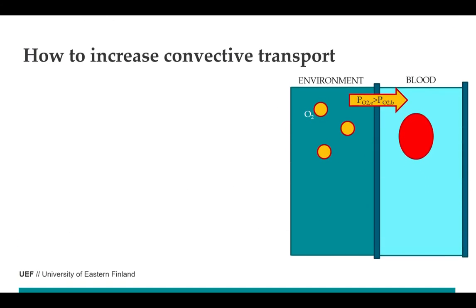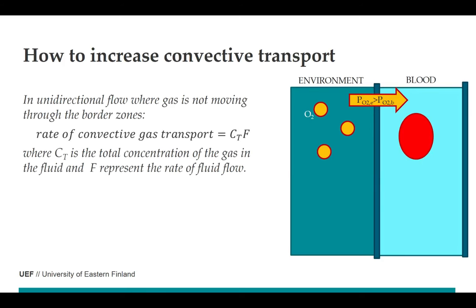How can we increase this convection transport? First of all, we know that to get oxygen from the environment to the blood requires a higher partial pressure of oxygen in the environment. And we have learned that you can bind the oxygen to hemoglobin. Let's take it a little bit simple and assume that the air in the environment is not changed at all, so it's all the time the same.